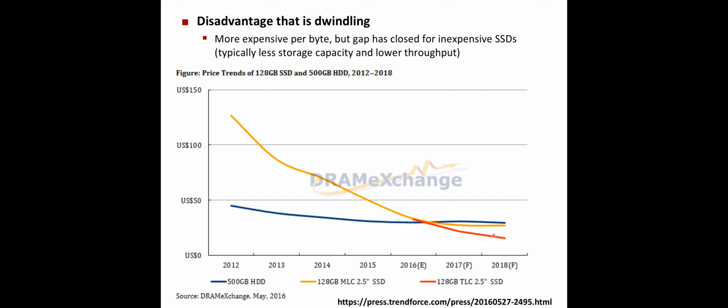You still can hold a lot more on a spinning disk drive, but the price per byte that you pay has become equal, at least to some of the cheaper SSDs. So that's quite interesting. And so, we may see at some point the end of the spinning hard drive, but not until we can get far more capacity on our SSDs.